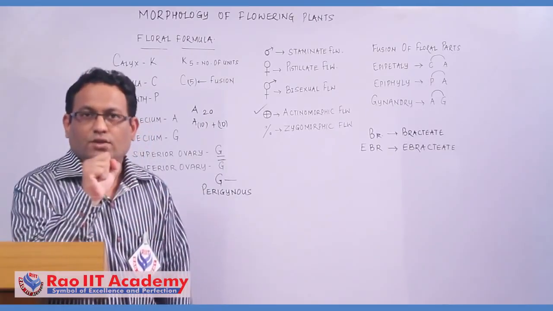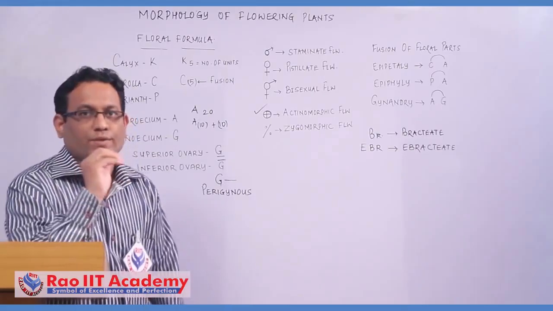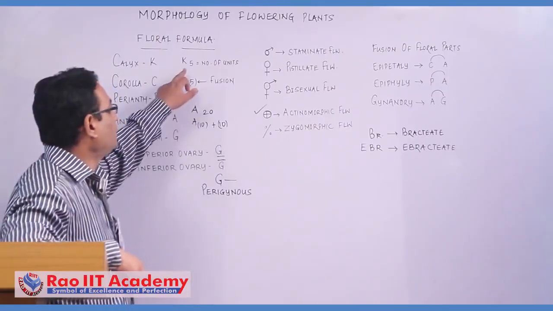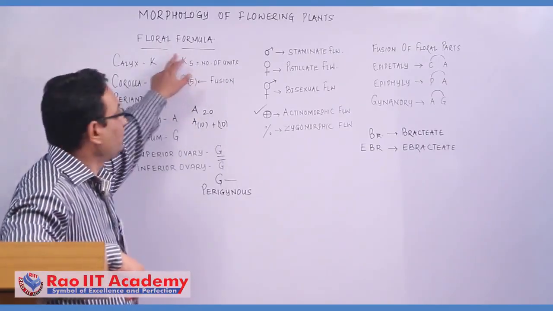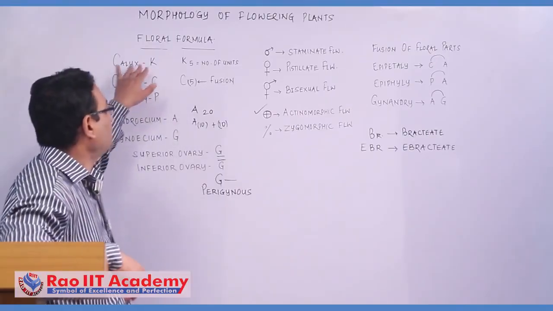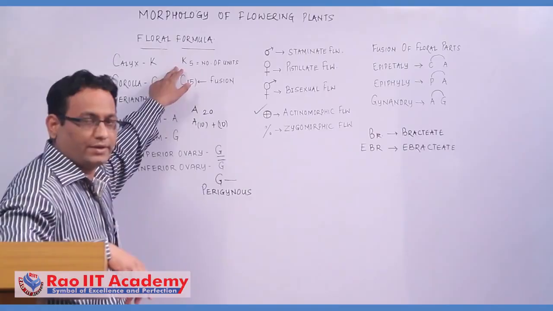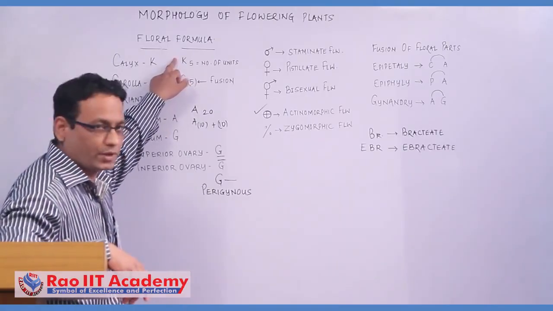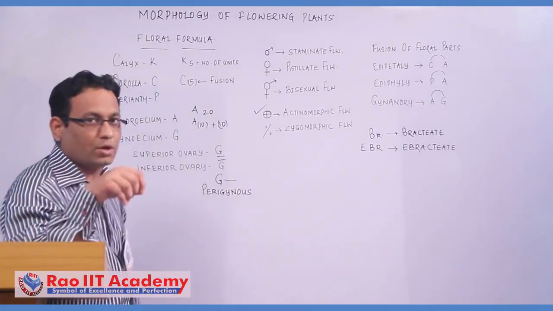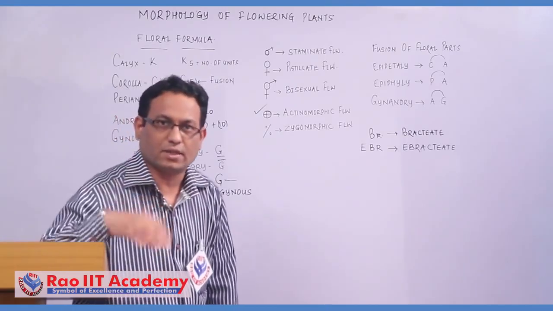To explain this number, we would count the number of sepals and petals and write it down as a subscript. For example, the calyx is designated by capital K. Just below this capital K, we would write down the number of its individual units as a subscript.